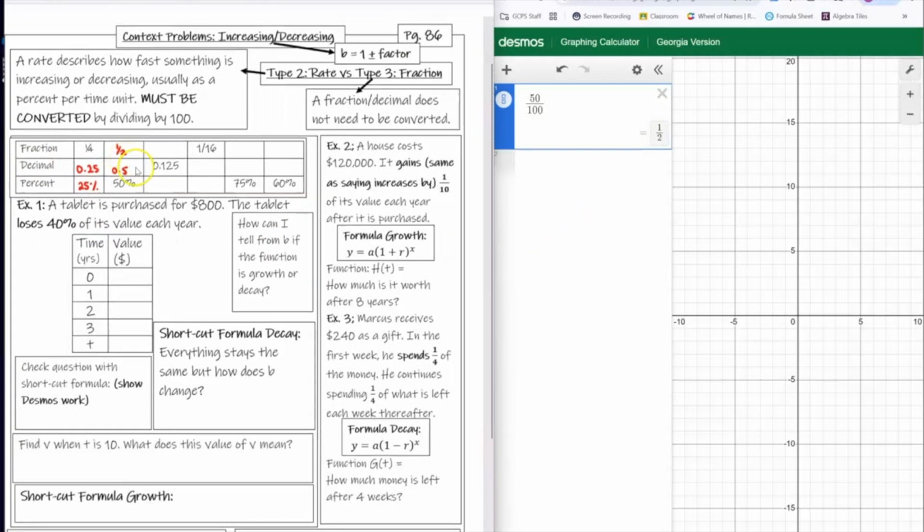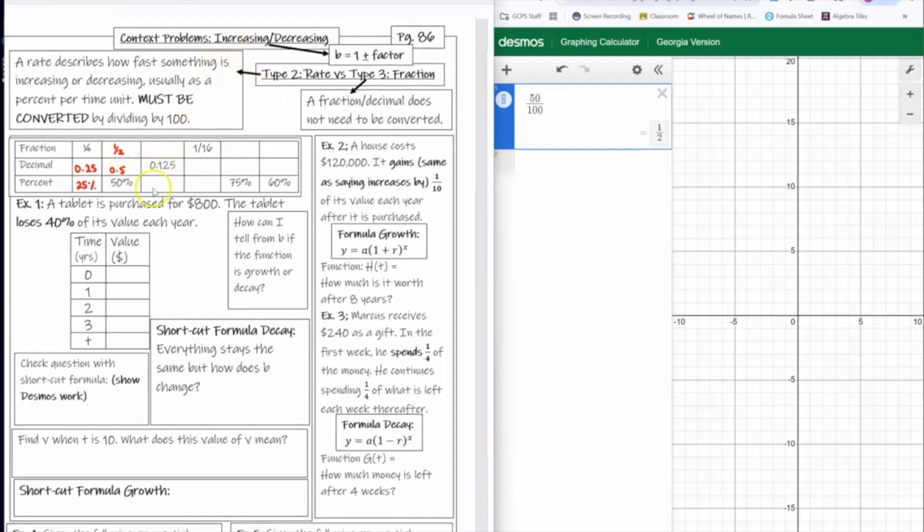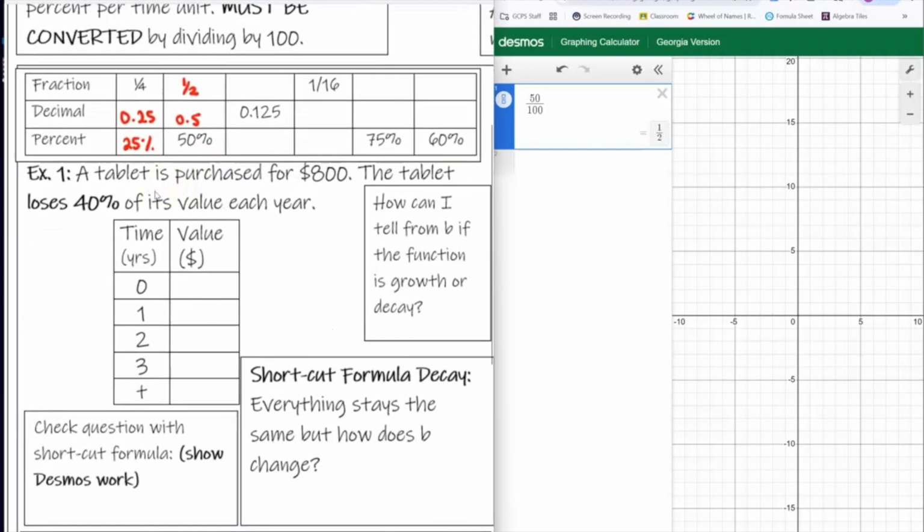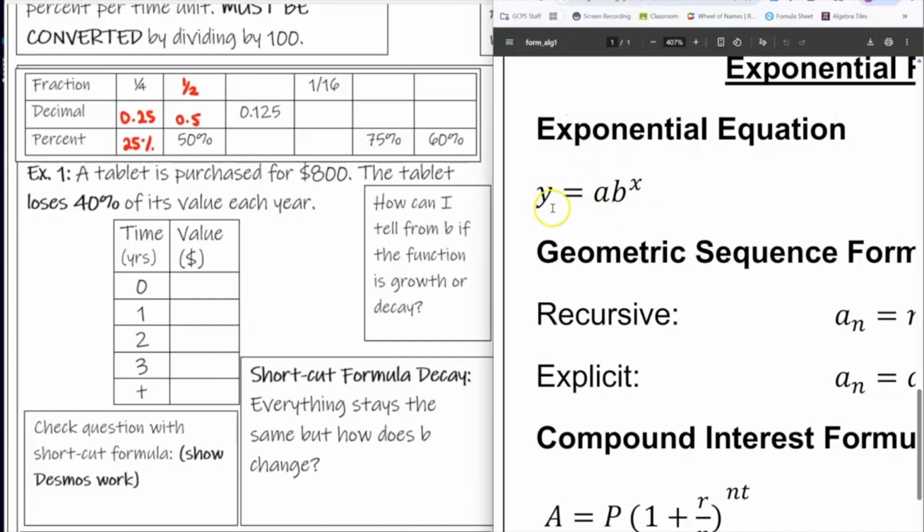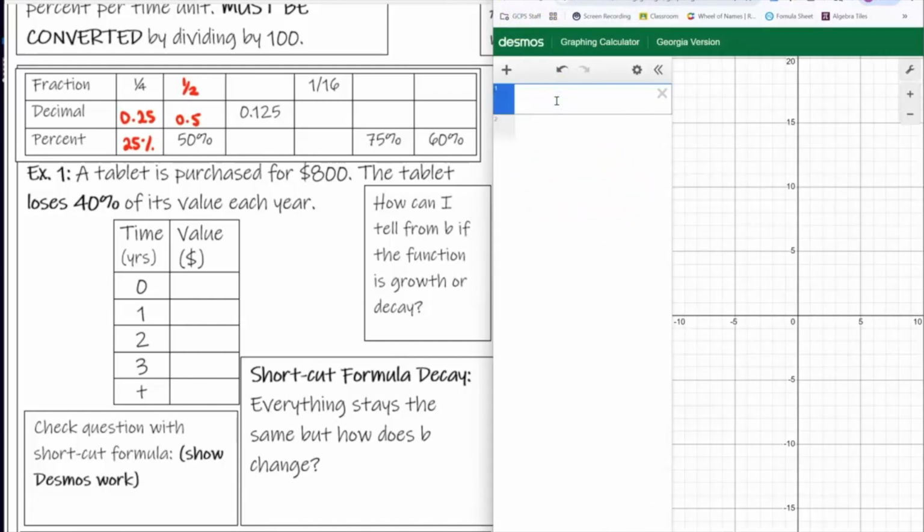Okay, now that you know that, we are going to answer a couple of questions. I'm going to start with this one right here. A tablet is purchased for $800. And as always, we know that our exponential equation is y equals a b to the x. So I'm going to start with that. y equals a, in parentheses, or you could write multiply. Last time I did parentheses, so I'm going to do multiply.